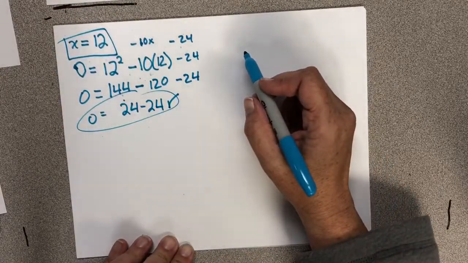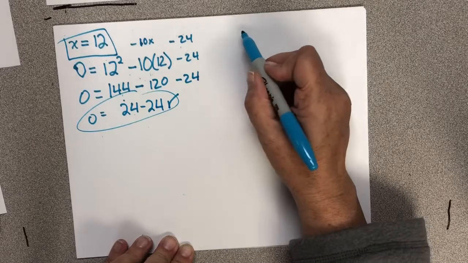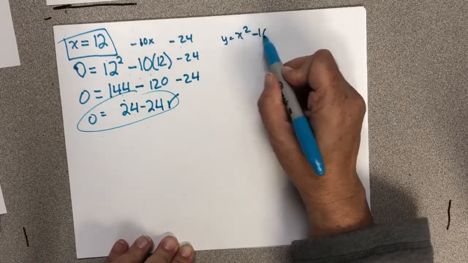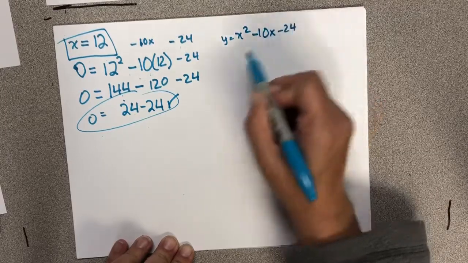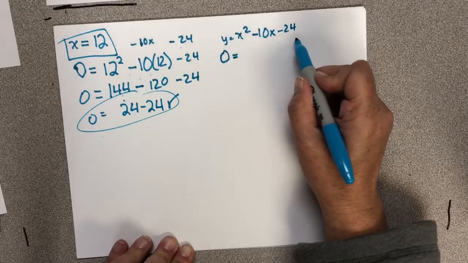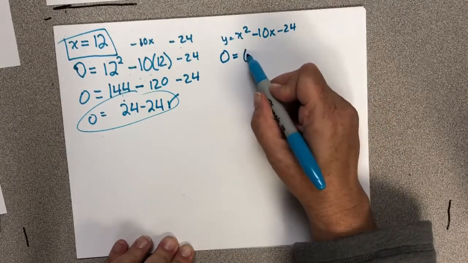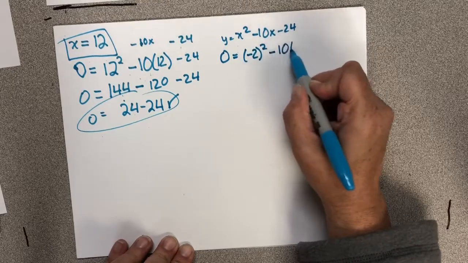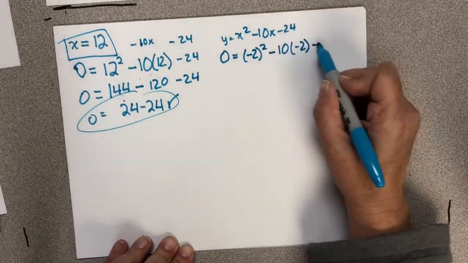We're also going to test the negative 2 answer. So again, our equation was y equals x squared minus 10x minus 24. And we want to see when y is 0, does this side equal 0 if x equals negative 2? Negative 2 squared, notice the parentheses, minus 10 times negative 2, minus 24.